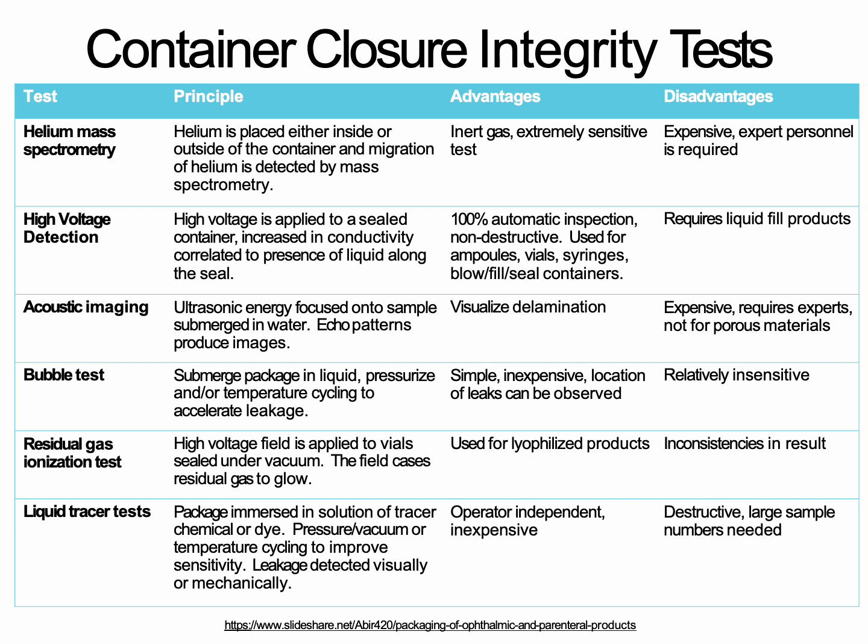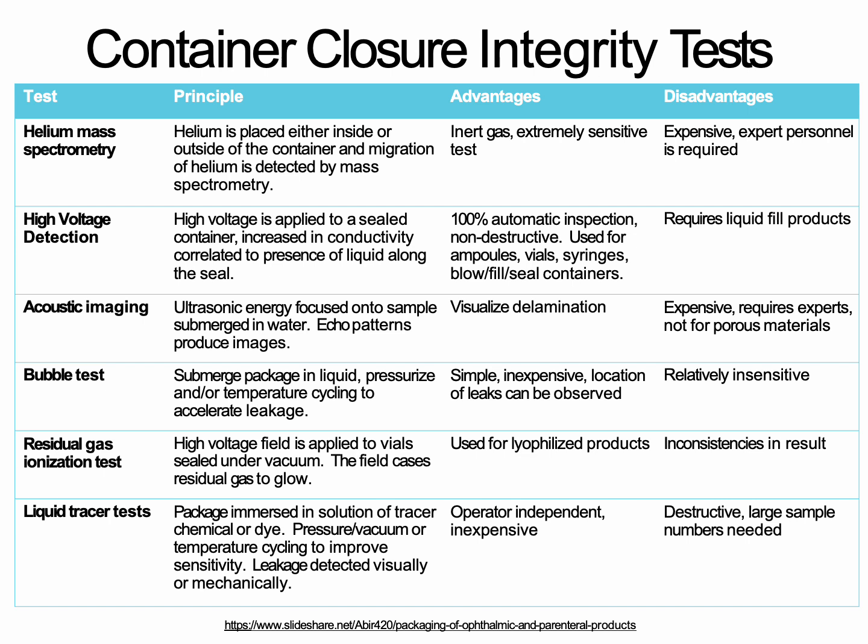In the second column from left to right, we have the principles, where for helium mass spectrometry, we are placing helium inside or outside of the container, and migration of helium is detected by mass spectrometry. For the high voltage detection, we already explained that in the previous slide.